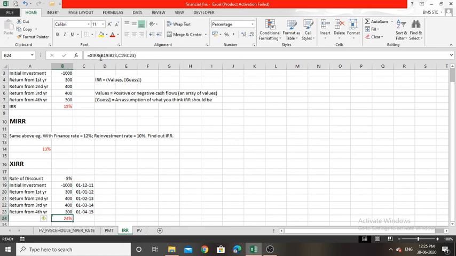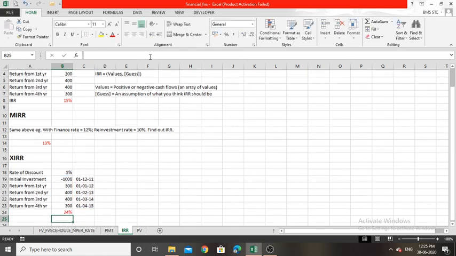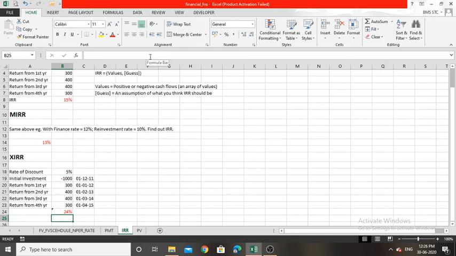In the function you have to pass values, dates and guess value. Here also by default it is 0.1. You can either simply put blank or specifically tell 0.1. If nothing is given, just put blank there. So XIRR is equal to values, that is 1000 to 300, comma, the scheduled dates C19 to C23, and I simply press enter, and we will get the rate of return. So that is interest rate of return.